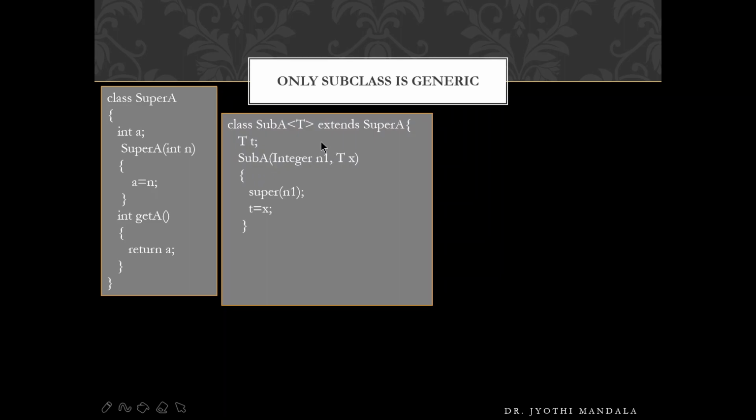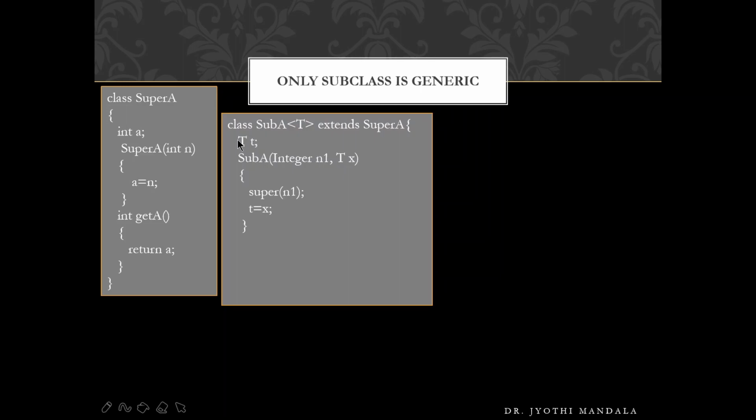So sub A should accept one integer value and another variable of any type, or else make sure that if you are writing only one variable, and if you want to use this super keyword and pass a value, you are accepting only an integer value. Or else if you want to pass an integer value to the superclass constructor and one more variable t to assign, that should be of type X.